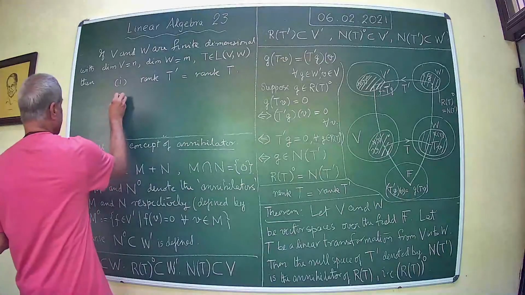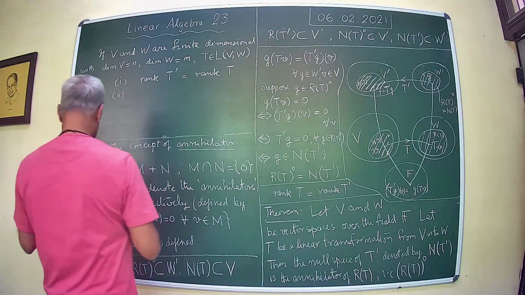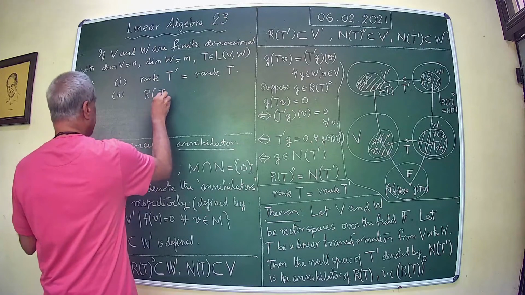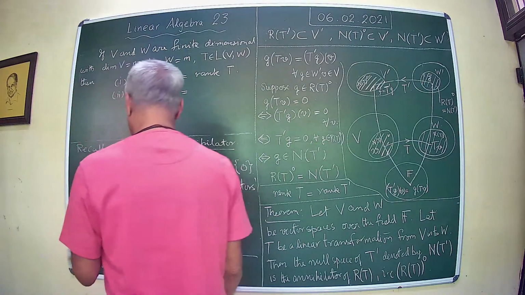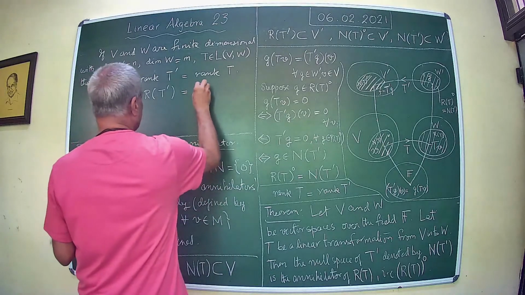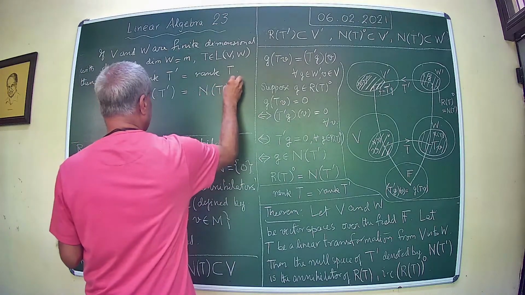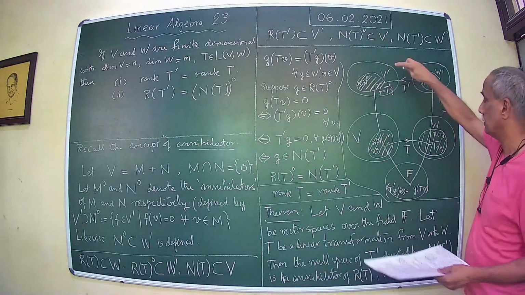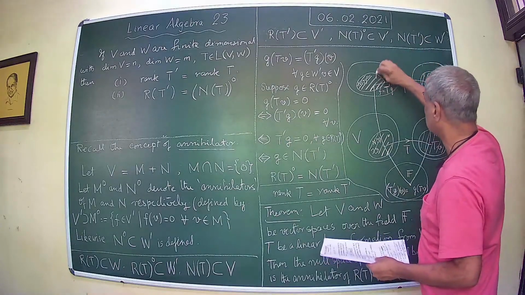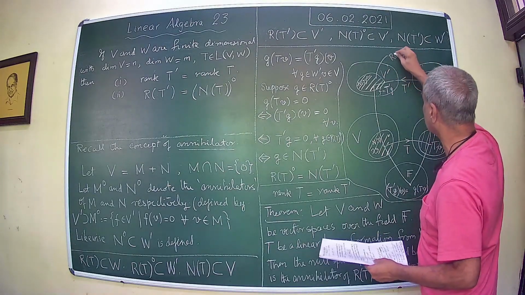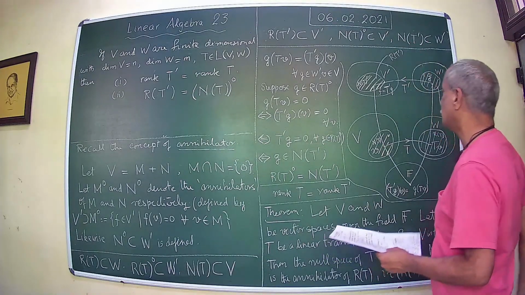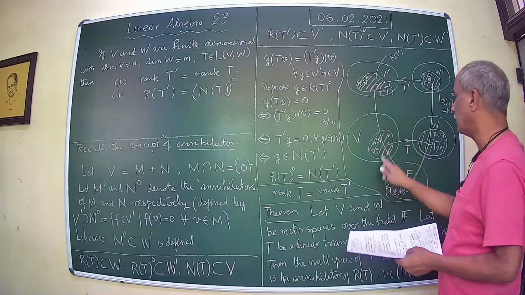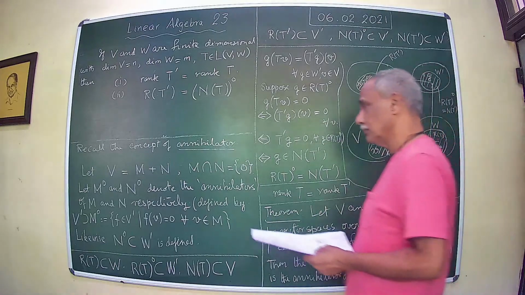The second statement is that the range of T prime is equal to the annihilator of the null space of T. This is the relation that I have shown. So the annihilator of the null space of T is the range of T prime.